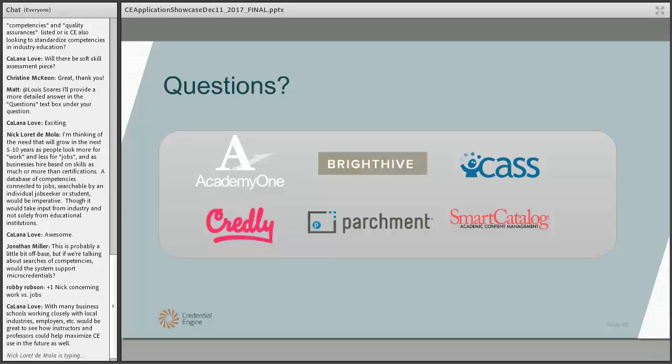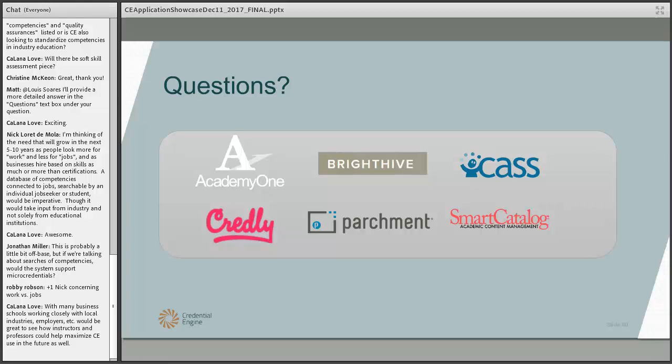And it also describes competency frameworks and the granularity of competencies at any level within a framework. And so the Credential Engine's role is to provide the descriptors or the vocabulary for consistently describing credentials and related information such as competency, quality assurance. It is not our aim at this time to standardize competencies in industry education.